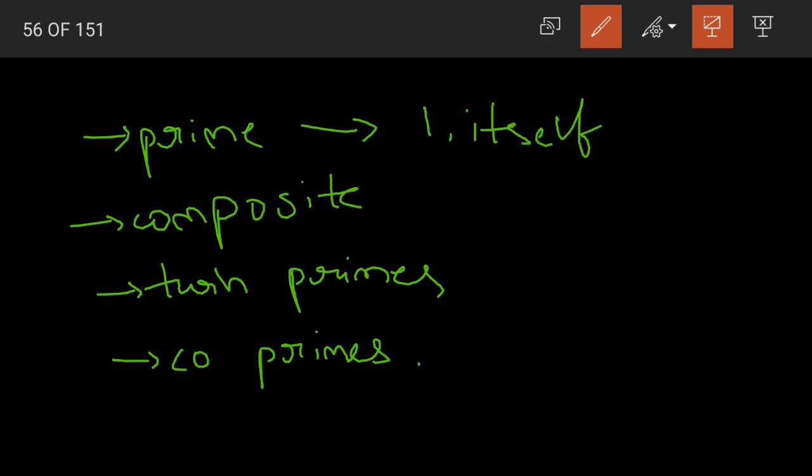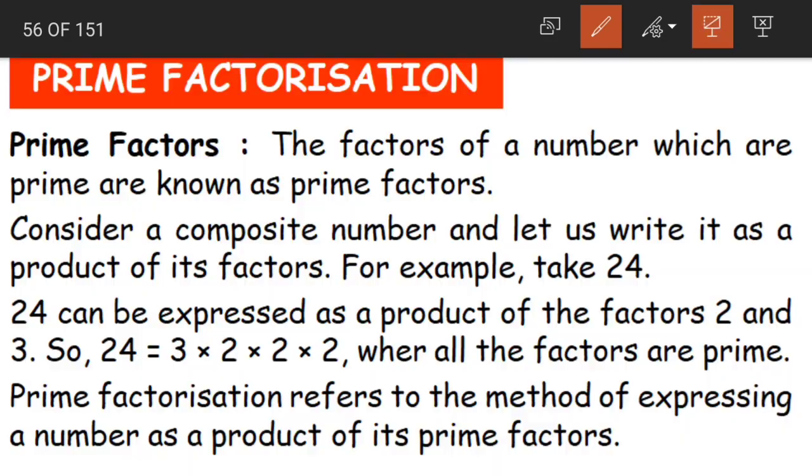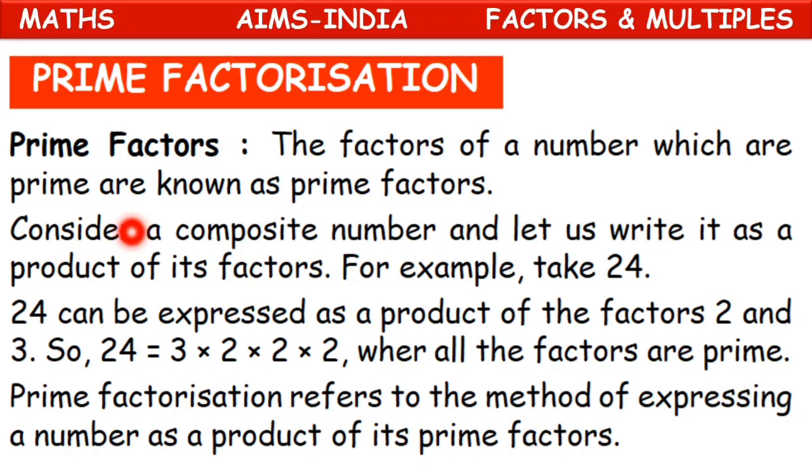Prime numbers have only two factors, that is 1 and itself. Composite numbers have more than 2 factors. Twin primes are prime numbers whose difference is 2. Co-primes are any two numbers whose common factor is 1. I hope the concept is clear for you all.